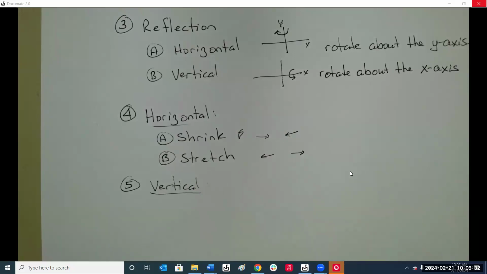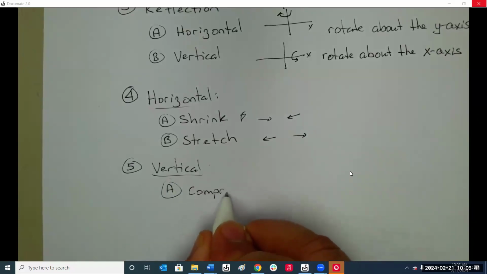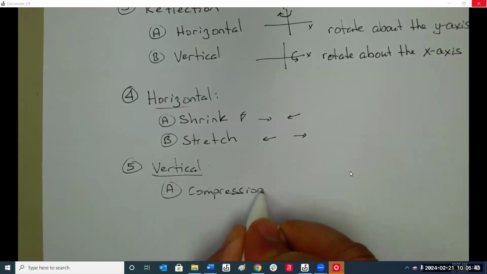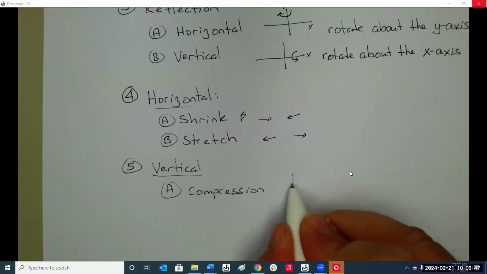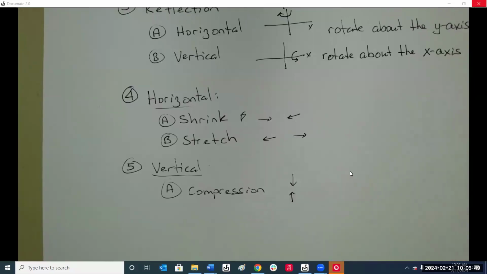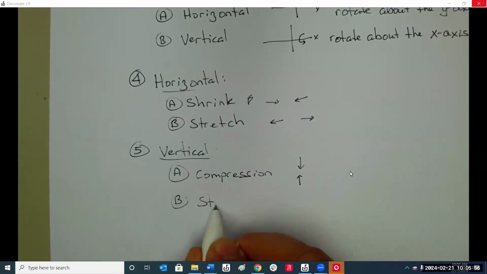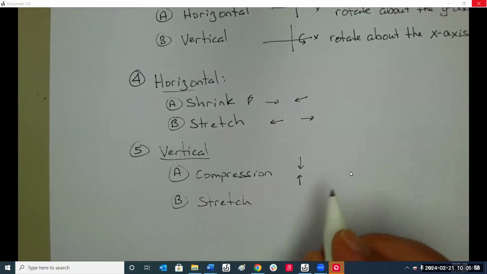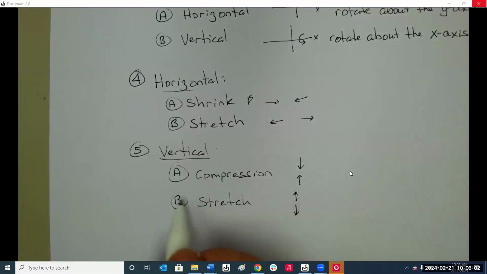And then we have the vertical changes. Compression, it's where we push down on it from both sides, make it shorter, and stretch or expansion. It's where we push it, pull it up and down.